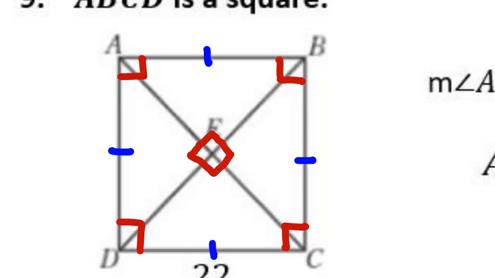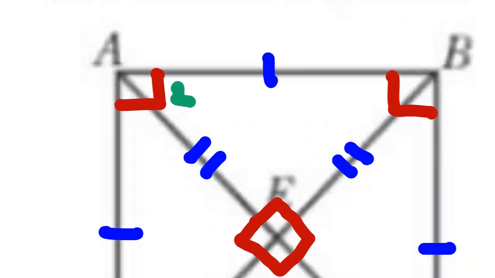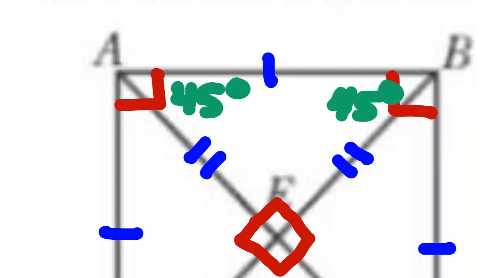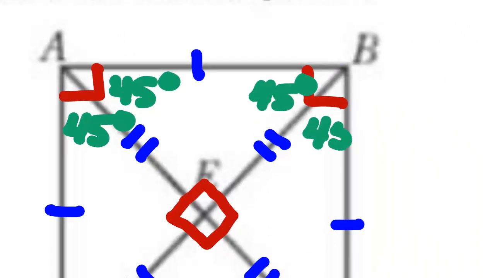My diagonals bisect each other and they're congruent. So AE is congruent to CE, is congruent to DE, is congruent to BE. And then what do I know about these little pieces here? They equal 45. So 45 degrees, 45 degrees, 45 degrees, 45 degrees.